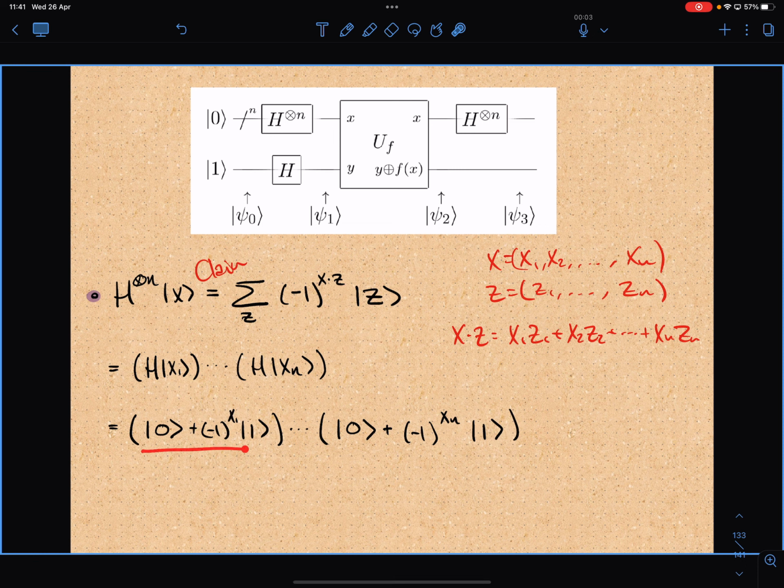This is going to be the action on each of the qubits, and then you distribute the tensor product, and if you keep track of the phase, it's going to be equivalent to this dot product. It's going to give you the action: a linear combination of all possible states, and the phase is going to depend on x. Questions?